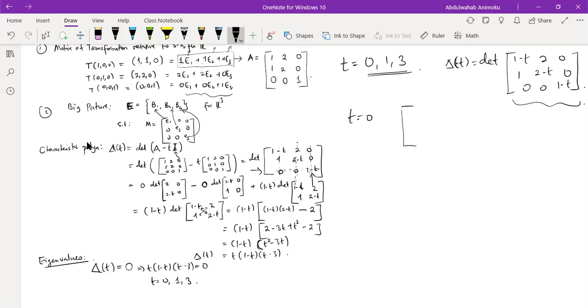This matrix turns to what? 1 minus 0, which is 1, 2, 0. The next one is 1, 2, 0, then 0, 0, 1, right? So this is what we have. Now, this is just the coefficient matrix of a homogeneous set.